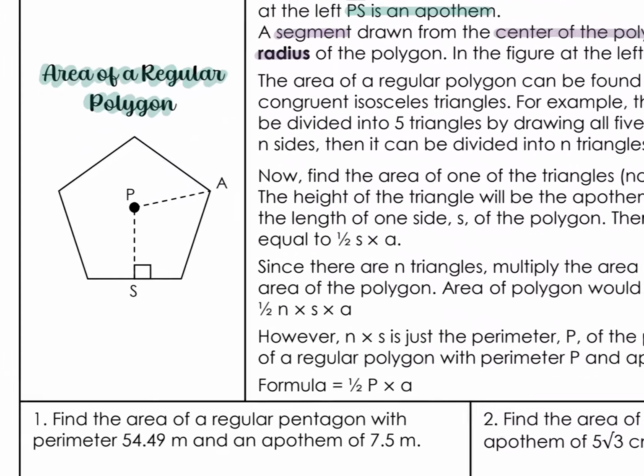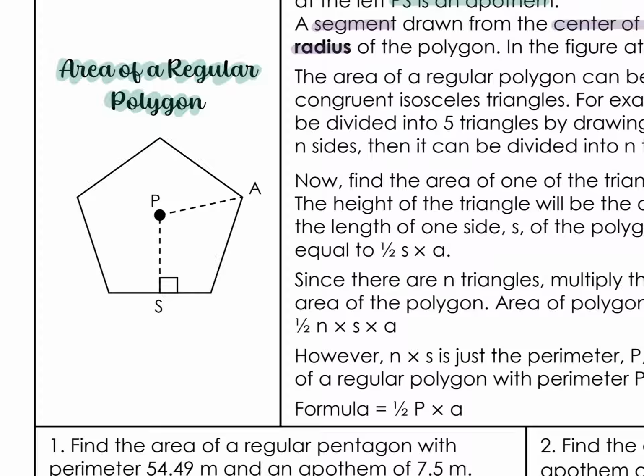So let's come over here and let's label that. So we had first off that P to S is going to be my apothem. And you'll see that a lot of times I'm going to label that with a lowercase a.